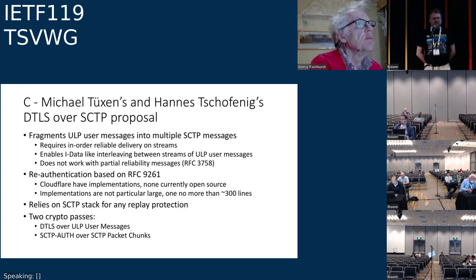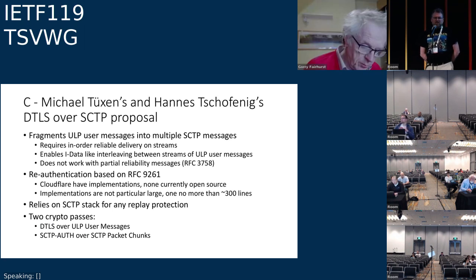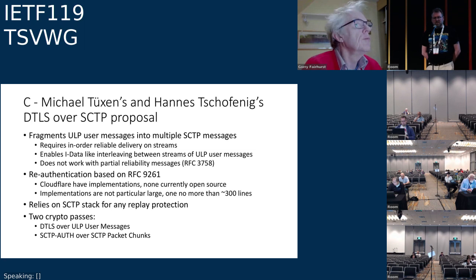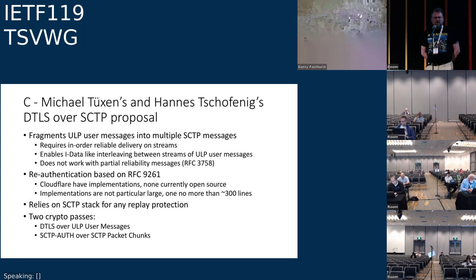When it comes to C, it fragments the ULP user message into multiple SCTP messages. And this has slightly stricter requirements when it comes to what you can do. So it requires in-order reliable delivery on the streams. So if you have a large message, you can't do partial reliability in that way.